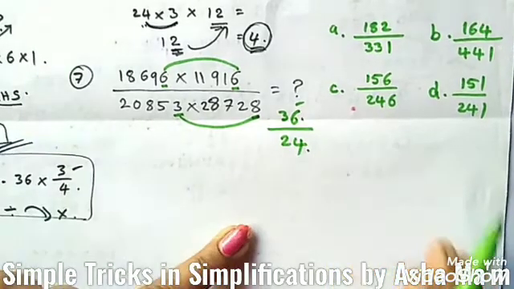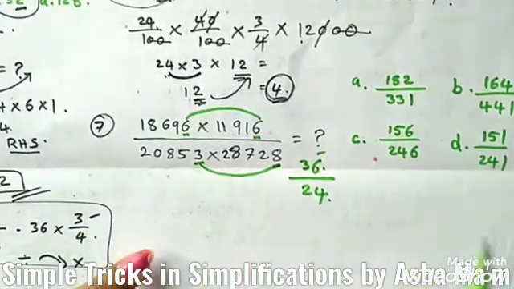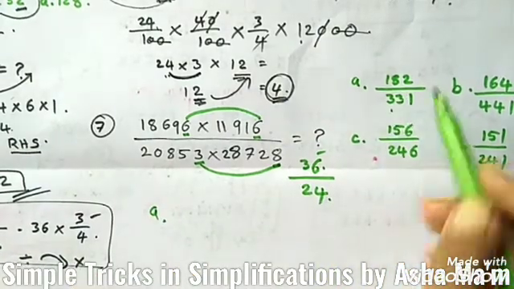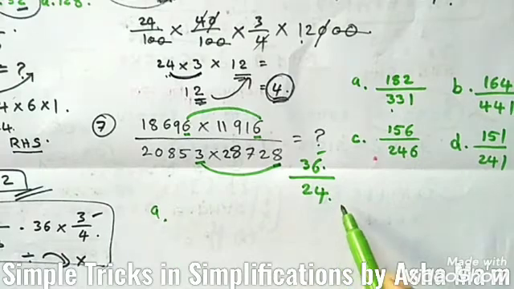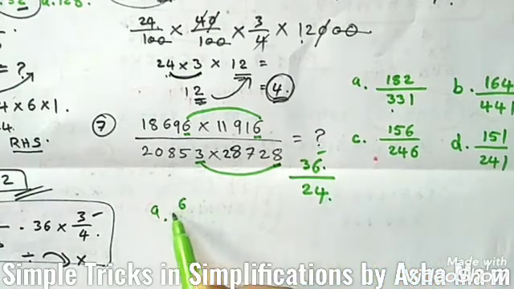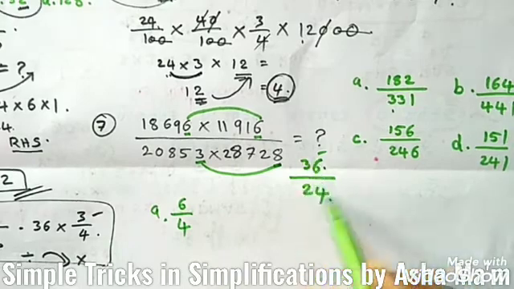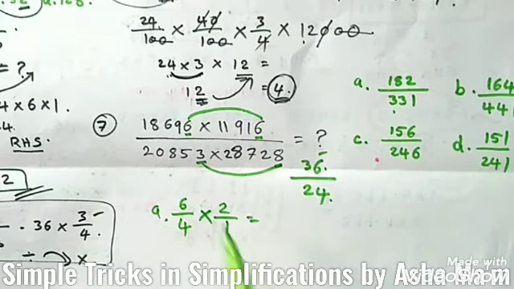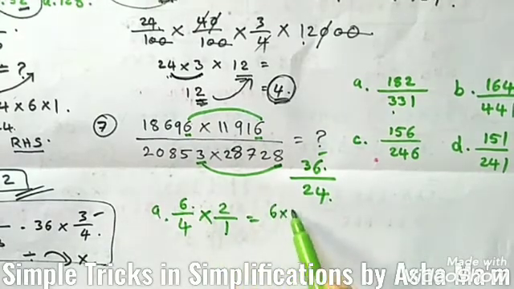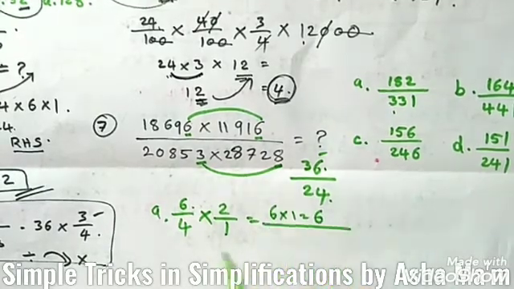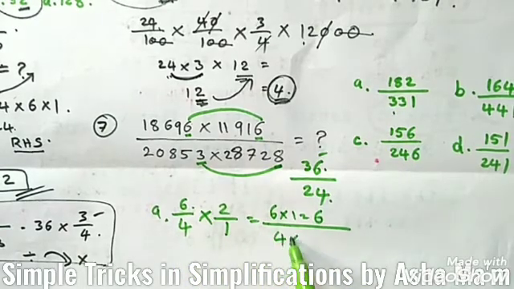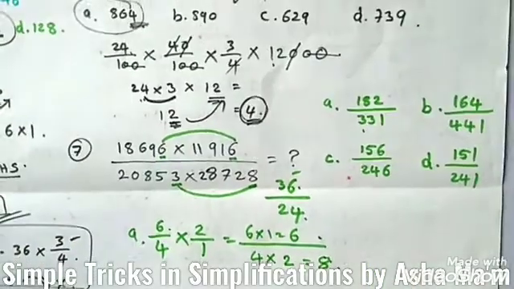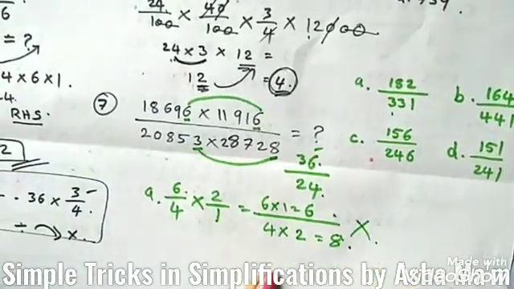In the options, for suppose option A, 182 by 331, here 2 by 1 is there, and this 6 by 4 we already got, into this 2 by 1. Now 6 into 1, 6 by 4 into 2, 8. So 6 and 8, different numbers we got. So option A is the wrong answer.